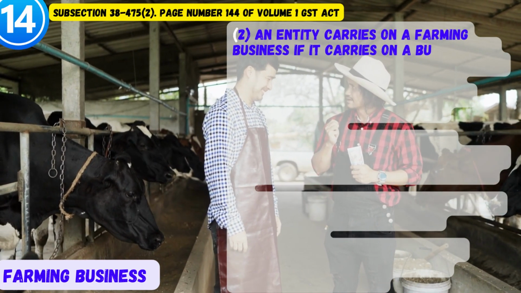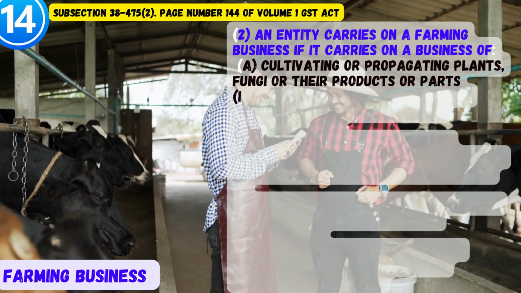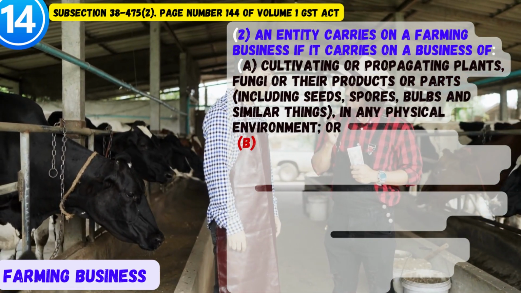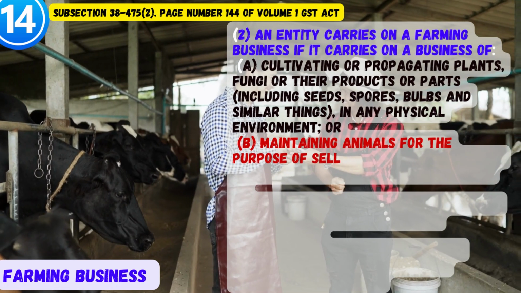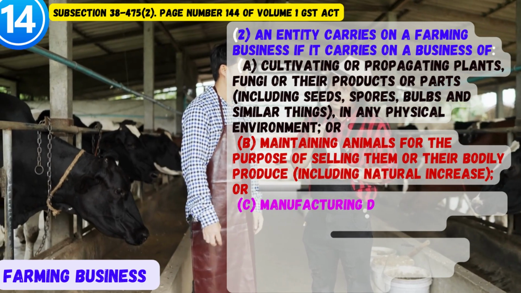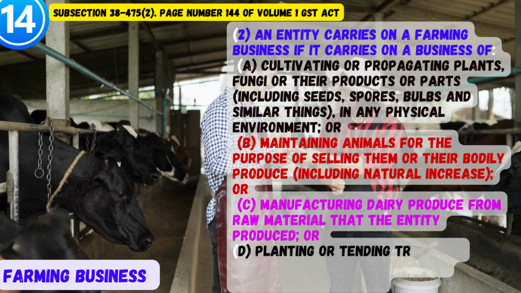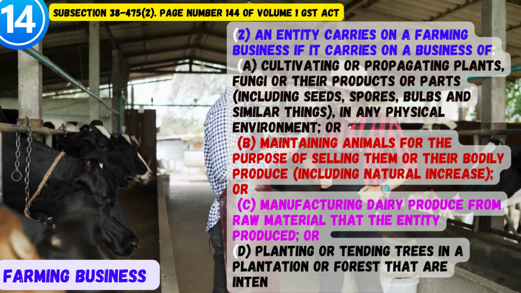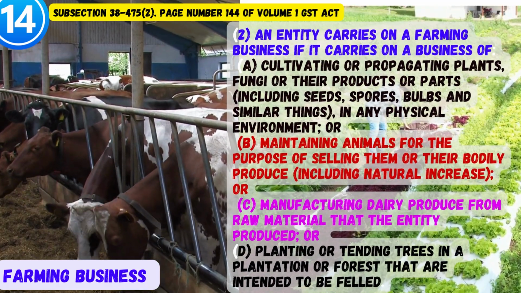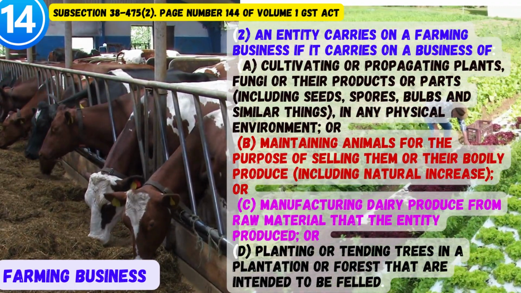An entity carries on a farming business if it carries on a business of A. Cultivating or propagating plants, fungi or their products or parts, including seeds, spores, bulbs and similar things, in any physical environment, or B. Maintaining animals for the purpose of selling them or their bodily produce, including natural increase, or C. Manufacturing dairy produce from raw material that the entity produced, or D. Planting or tending trees in a plantation or forest that are intended to be felled.